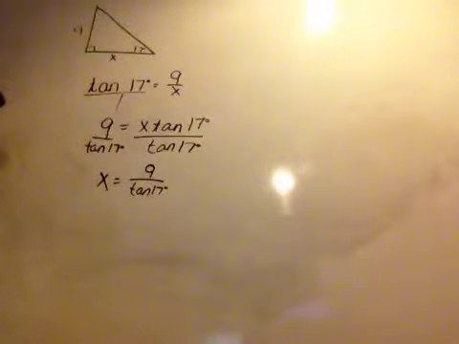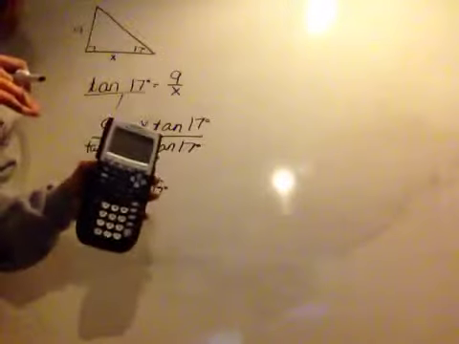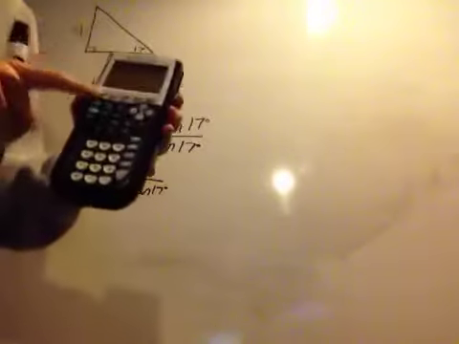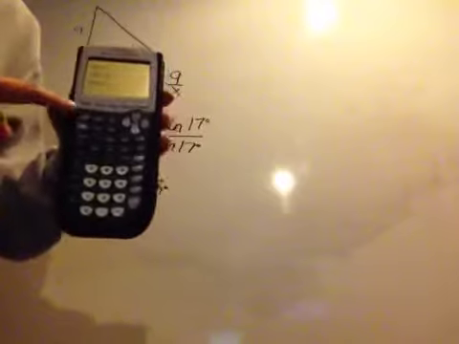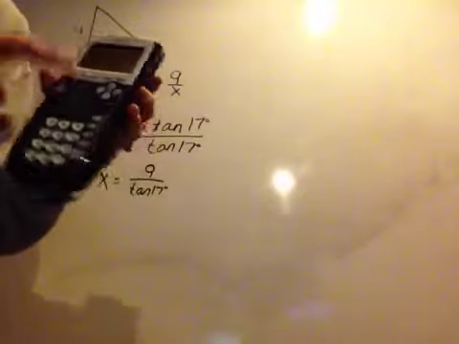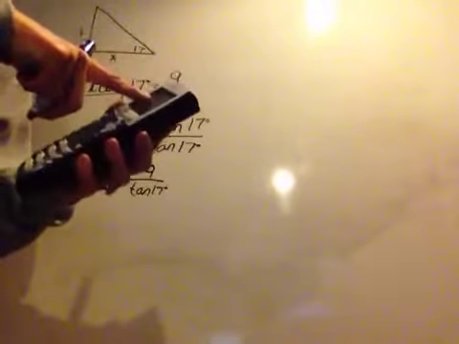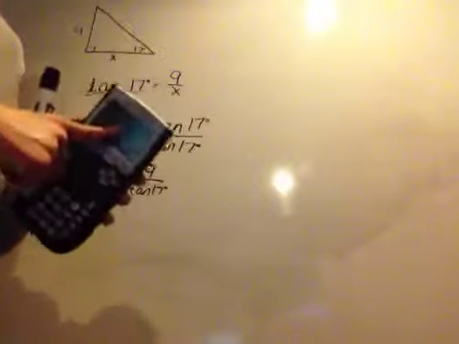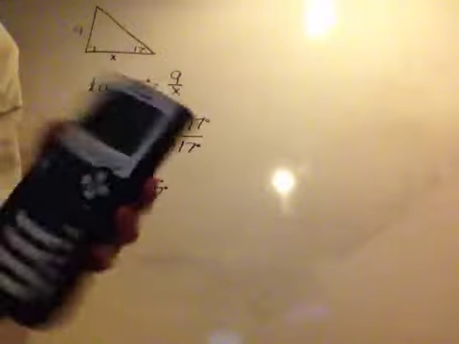Make sure your calculator is in degrees. If you haven't really done anything with it, it probably is in degrees by default. On the 84, if you need to put it into degrees, you want to go to the mode button, which is right next to the second button. You would go to mode, and the third thing down says radian or degree. Make sure degree is what's highlighted.